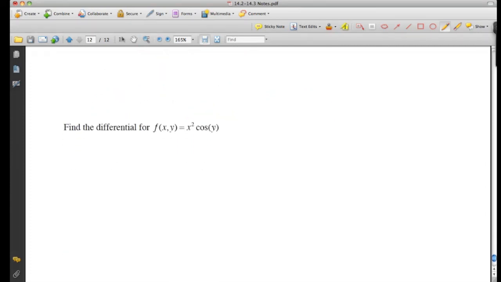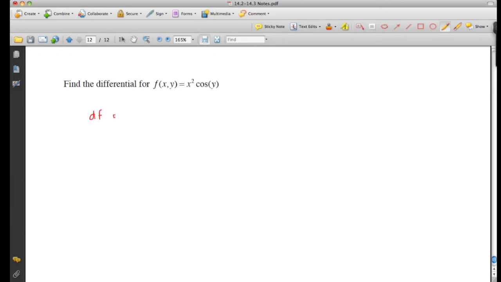Okay, another example. Find the differential. This is one where we're just going to give it as df is equal to the partial times dx plus the partial dy. All we got to do really is find the partial derivatives of these functions.